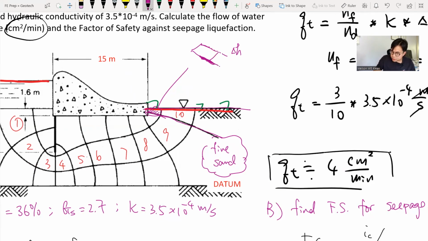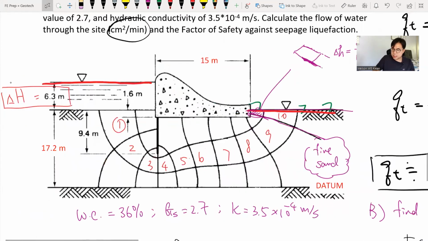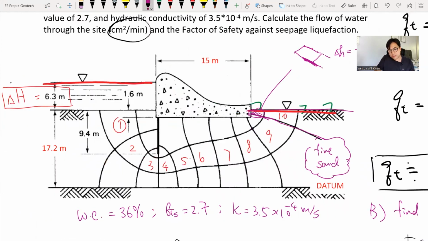And the delta H for that case is the total amount of water head across the site divided by the number of drops. So essentially, the whole site has a water head of 6.3 meters, and this is shared equally by each drop, and it has 10 drops, that's N sub D. So each flow net grid right there shares the same amount of energy.